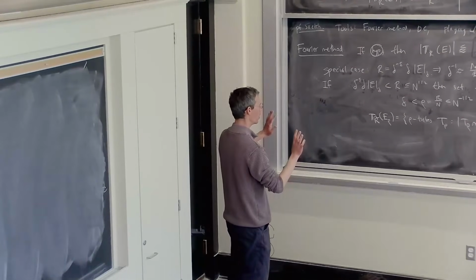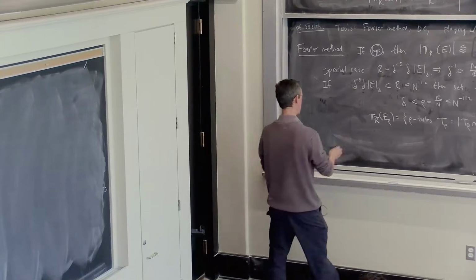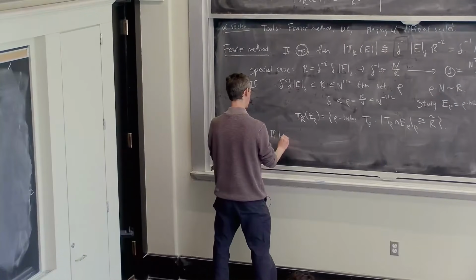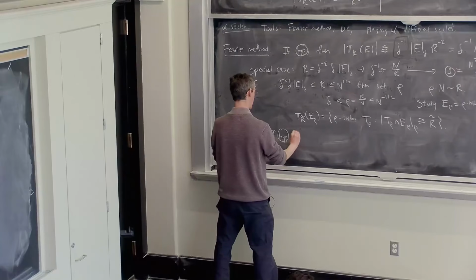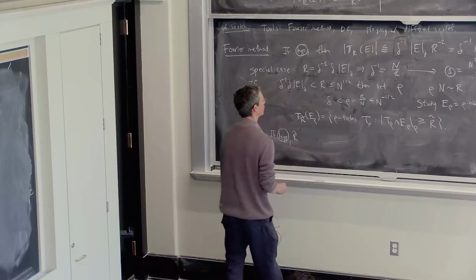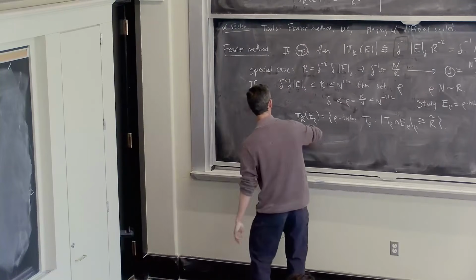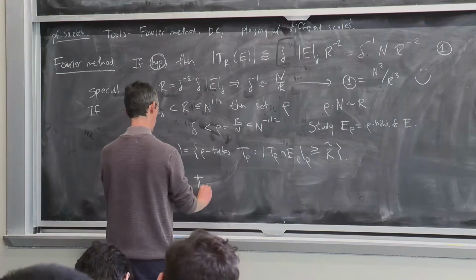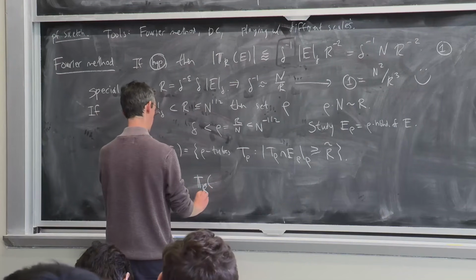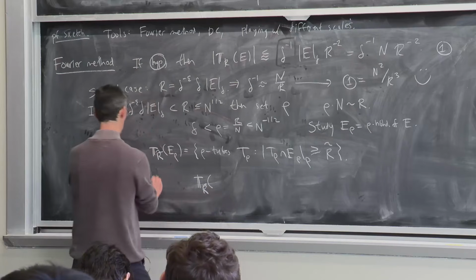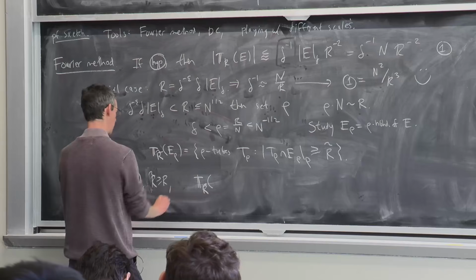And now the same argument as before gives us a bound for this thing. So if we have our hypotheses, and r tilde is big enough, then here we can put r tilde is at least as big as r.